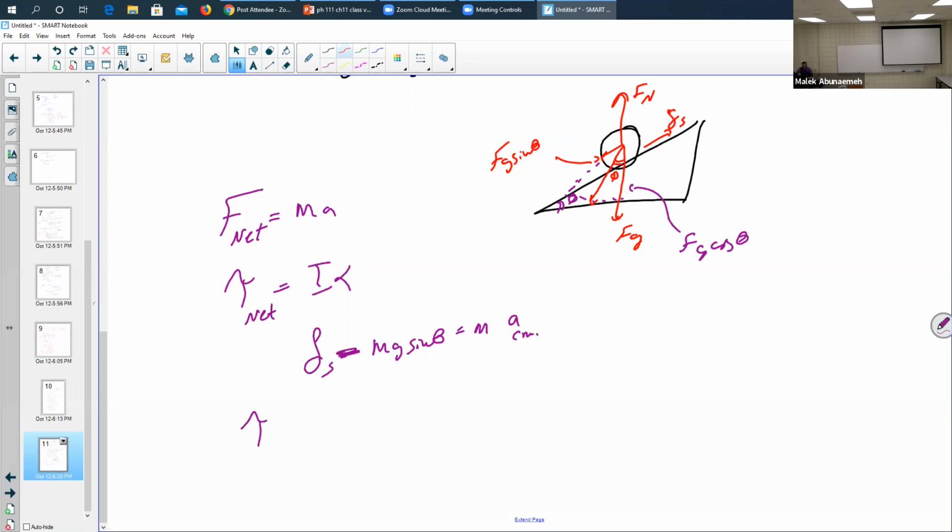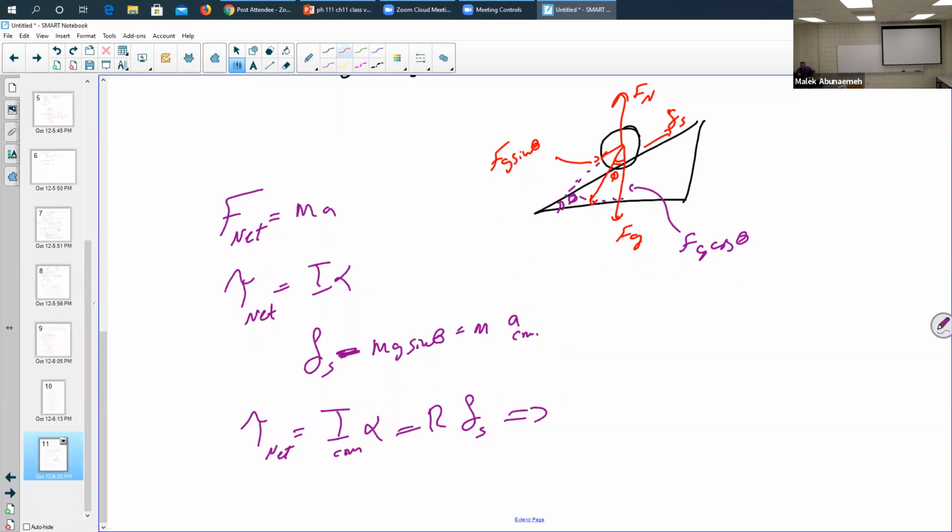Now, your net torque is going to equal your center of mass inertia multiplied by alpha, which is your radius multiplied by your friction force.